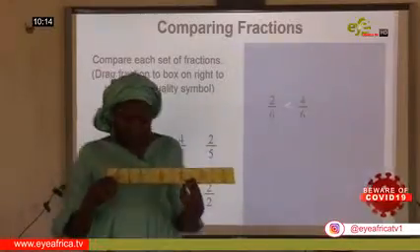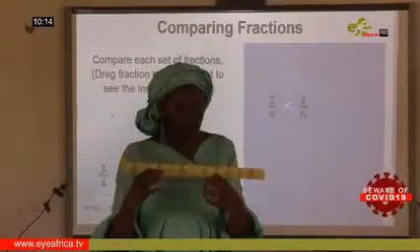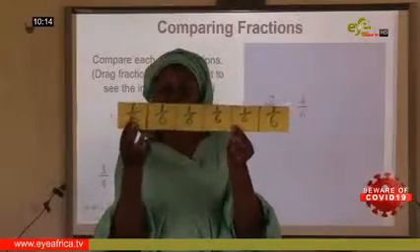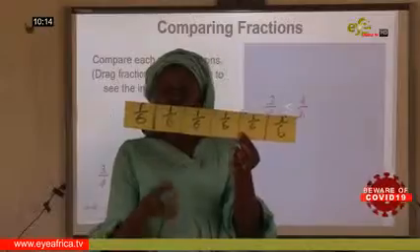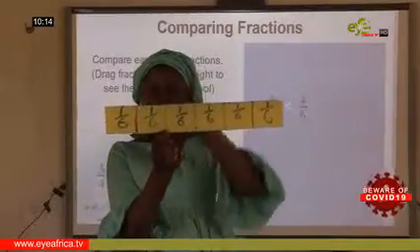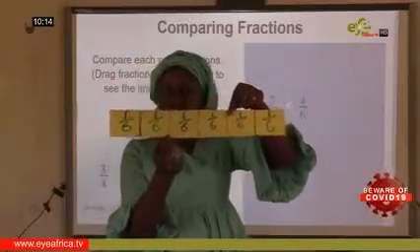By looking at this chart, this is 1/6, 1/6. When we are here, we are at 4/6. That is 1/6 plus 1/6 plus 1/6 plus 1/6. So the question is telling you 2/6, which is here, is less than 4/6.